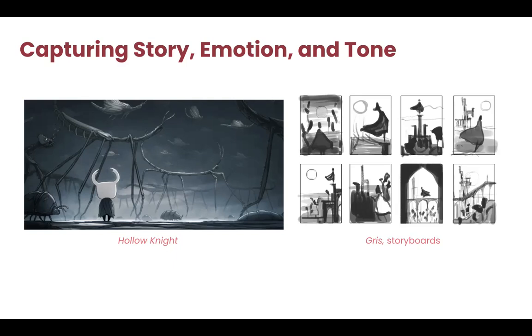And then I couldn't go without including one of my favorite games, Gris. It is a really wonderful platformer that I really love, and really relies a lot on emotion and story and character.